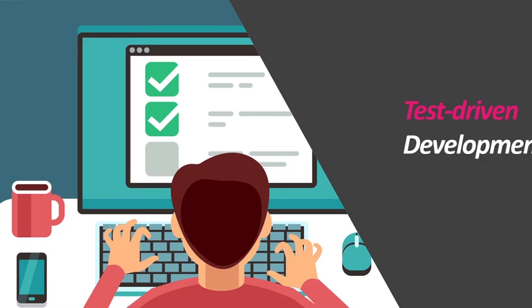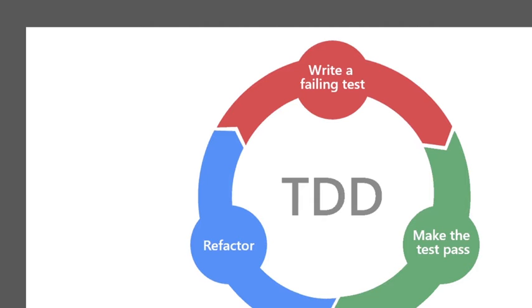So first, a little about test-driven development. The idea behind test-driven development is that instead of just writing code blindly and then seeing if it works, we sort of create a collection of automated tests that are run whenever we feel like it. Usually whenever you've written some new code or whenever we want to export a solution or at some point when we want to ensure that our code works.